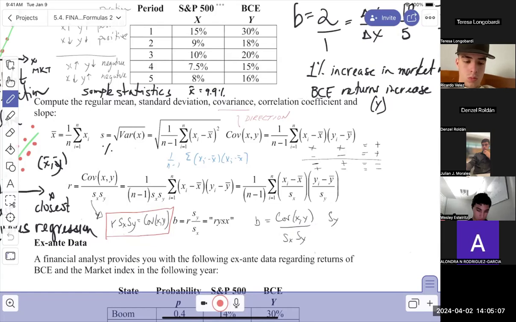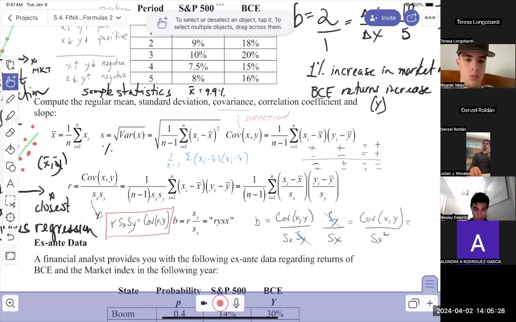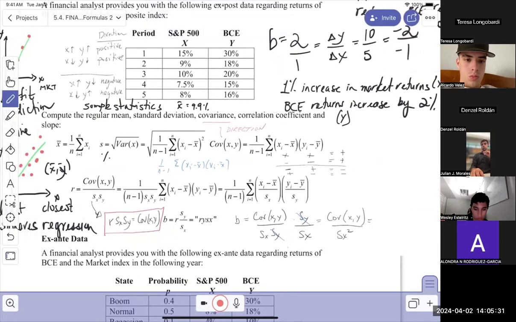And now I'm going to put standard deviation of y over standard deviation of x. Then I'm going to simplify. And I get... so what is Sx squared? It's the variance. Okay, so Sx squared is the variance of x.